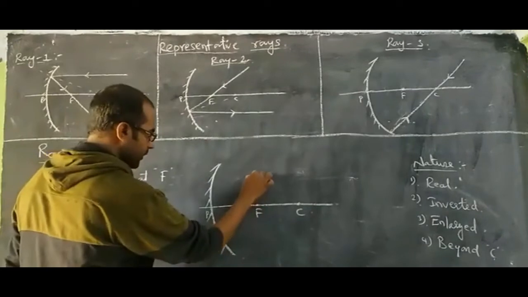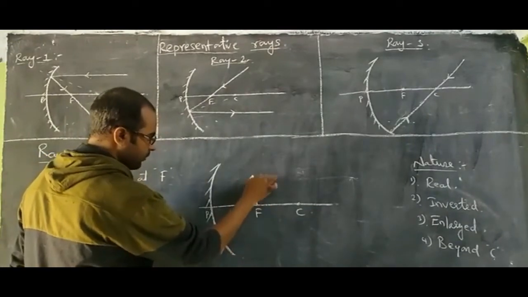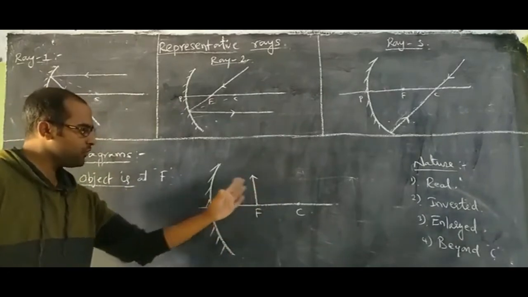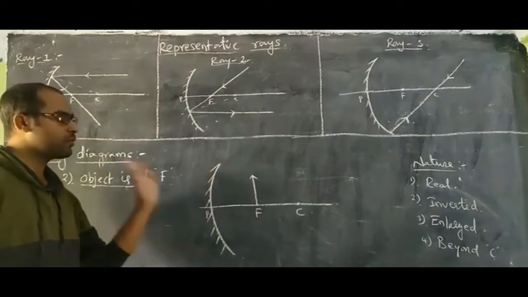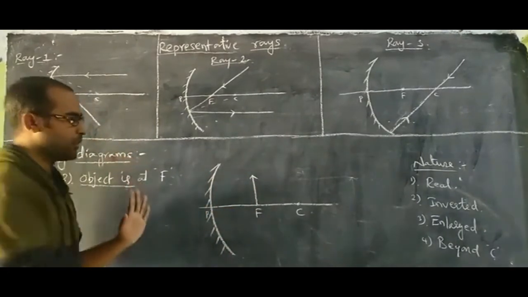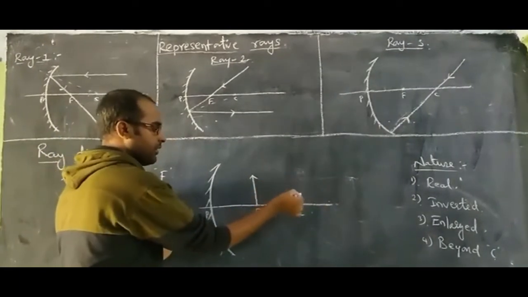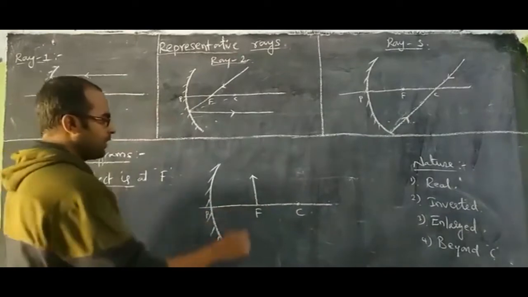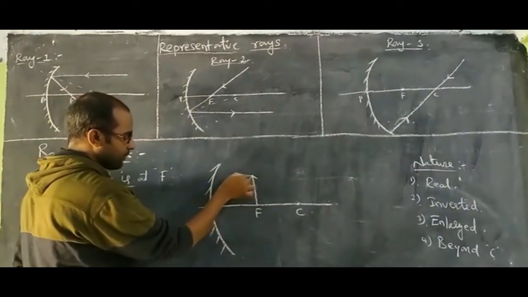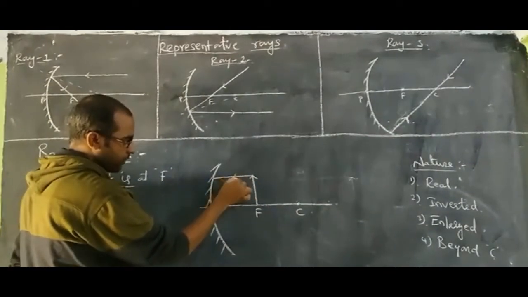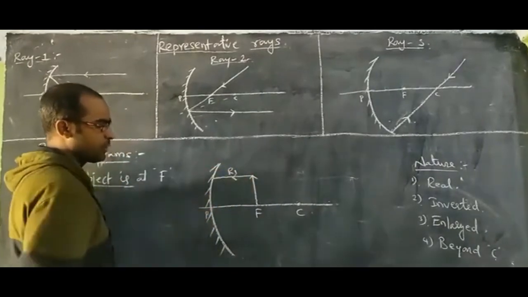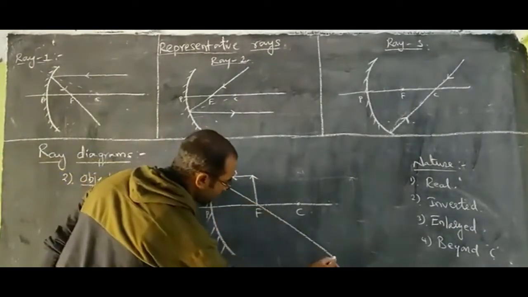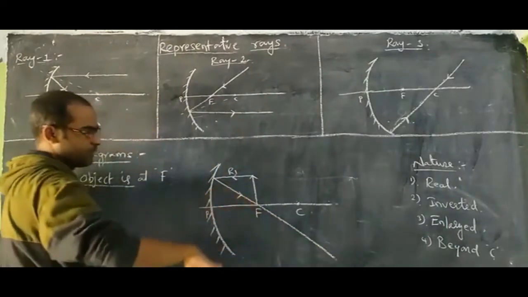When the object is placed at the focal point, the object is moved just nearer to the mirror. First we placed it beyond the center of curvature, then between F and C, now at F. Let us take the first ray, ray 1, which is parallel to the principal axis. After reflection it passes through the focus.